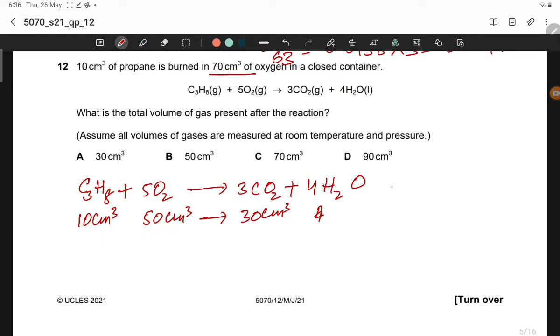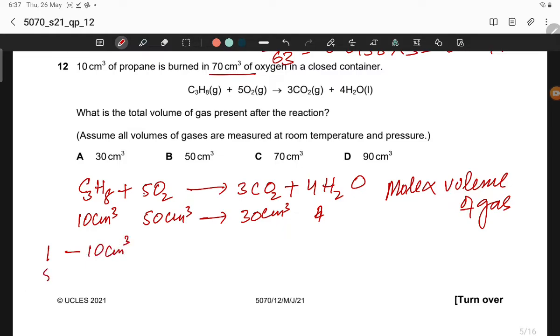So we know that mole is directly proportional to volume of gas. According to the Chatelier principle, if 10 centimeter cube of propane, this is 1 mole, which is used 10 centimeter cube.